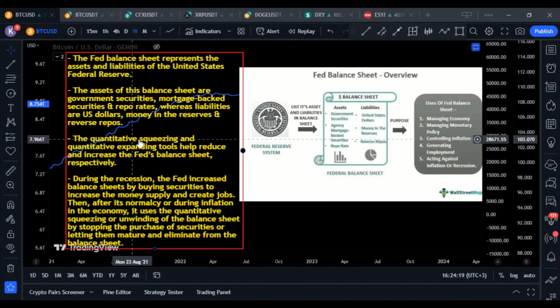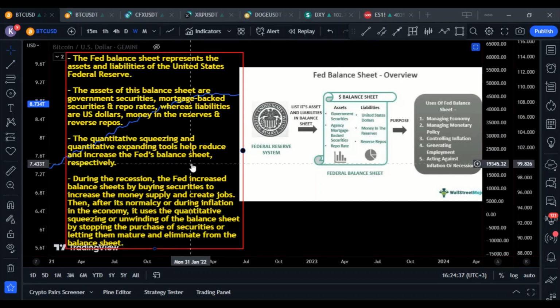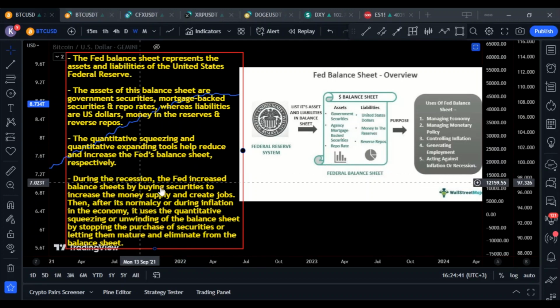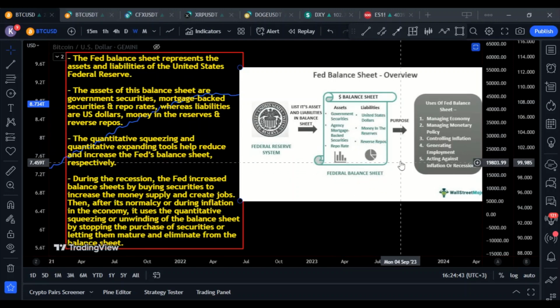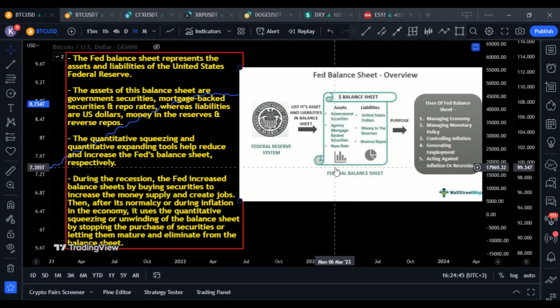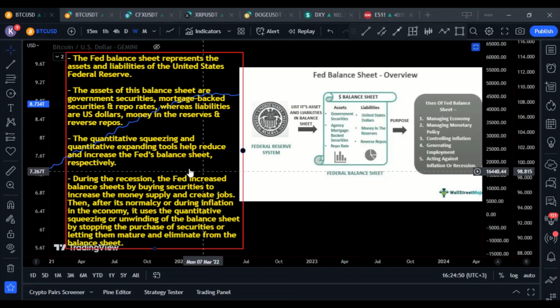So quantitative squeezing and quantitative expanding or easing, as you've heard those two terms a lot, like being hawkish, being dovish, are tools to help reduce and increase the Fed's balance sheet respectively. So they either increase the assets or increase the liabilities, and we'll see in simple terms how this works in a moment.